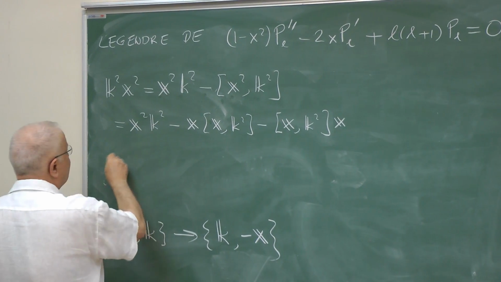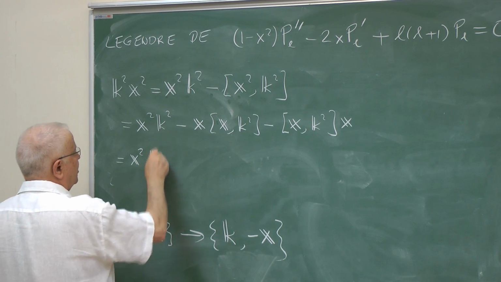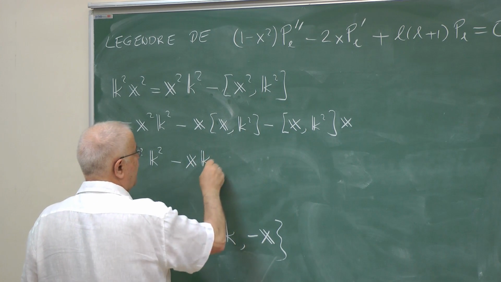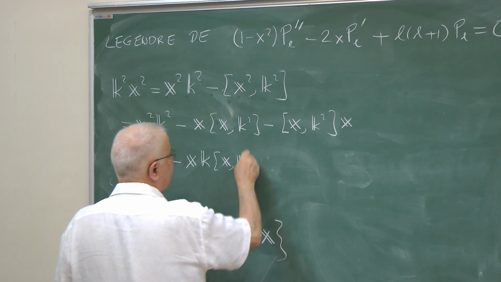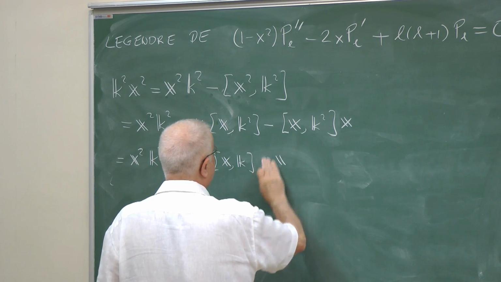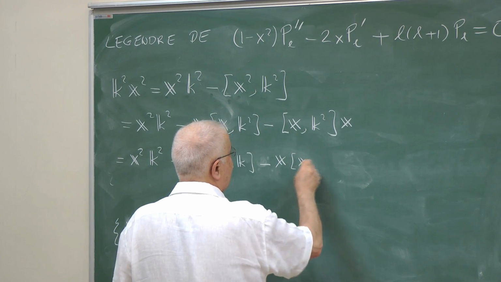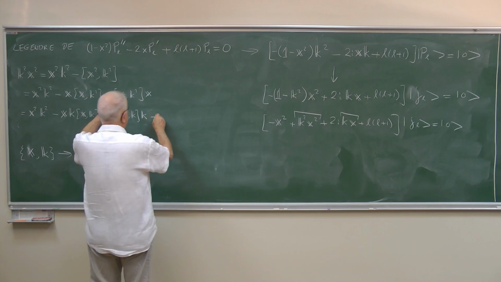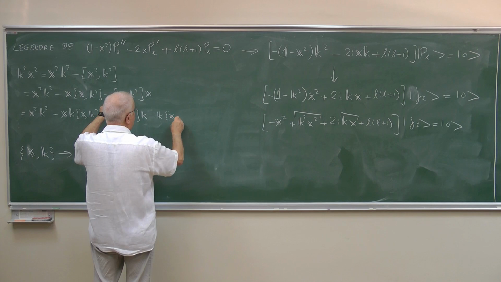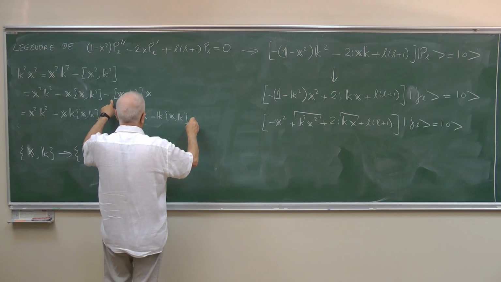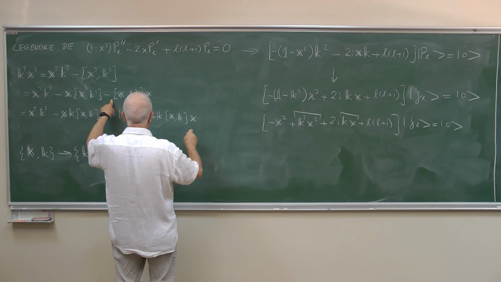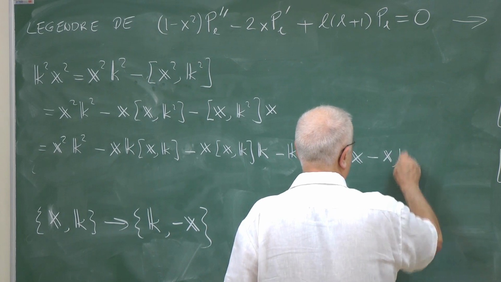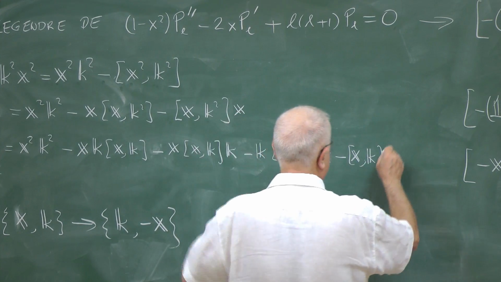Well, one more time, x square k square minus k comes here, x, k commutator, then minus x, x k commutator, k. This k comes here, minus k, x k commutator, x. Finally, minus x, k commutator, k x.